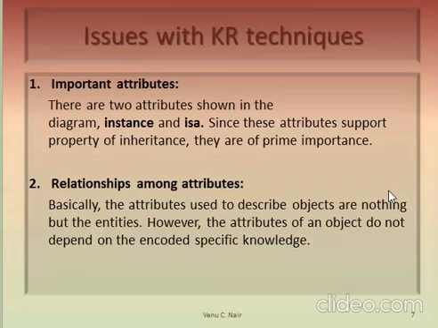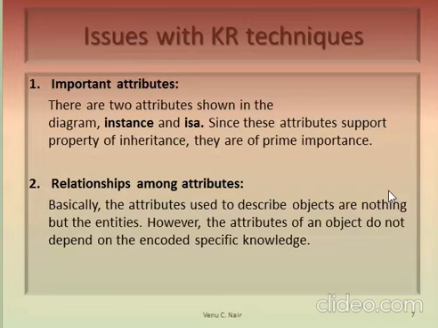So whichever attributes are of importance to an entity or object, they have to be in demand while representing knowledges. So they have to be included in knowledge representation techniques. So the prime problem here is that we have to make out which all properties or attributes are important to some objects or entities.